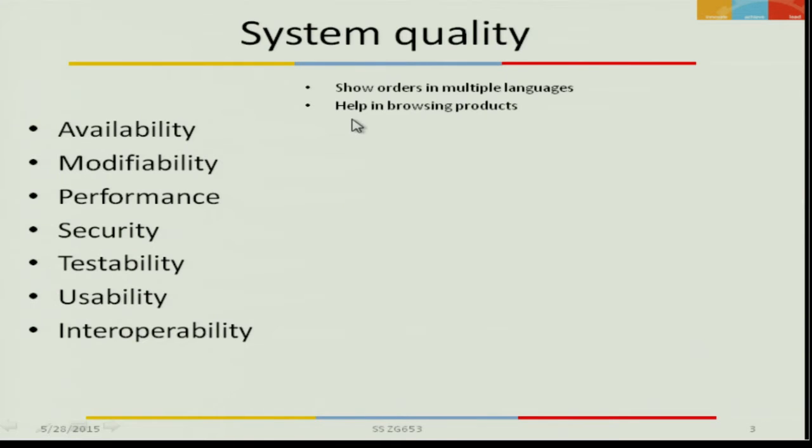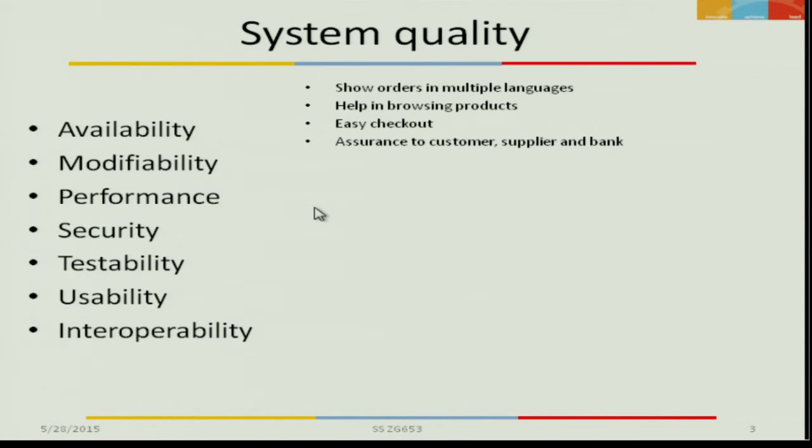So this really does not fall into that, but this is just a one-liner to explain what kind of qualities are possible, and if someone wants to really capture this requirement seriously, then just one line is not going to be sufficient. One has to really elaborate what's meant by help. Similarly, easy checkout is also a usability requirement, but again, easy is a quite vague term. One has to elaborate it.